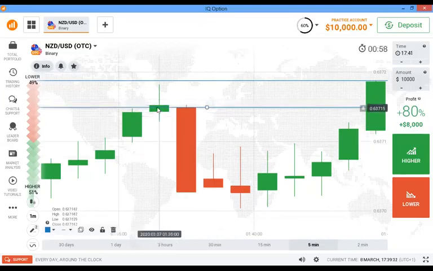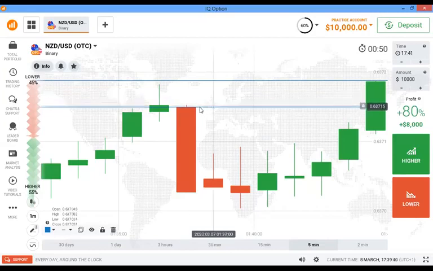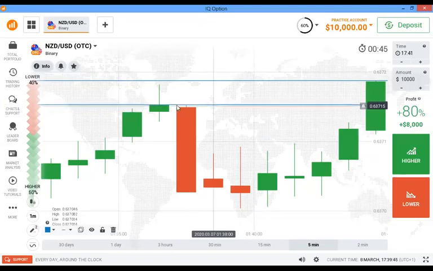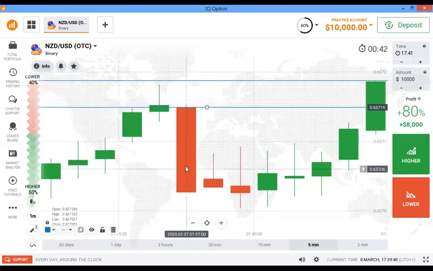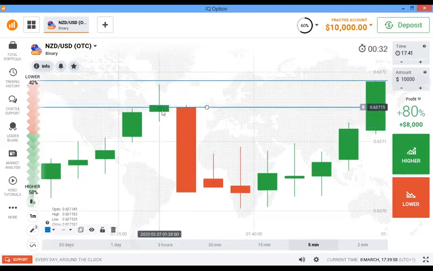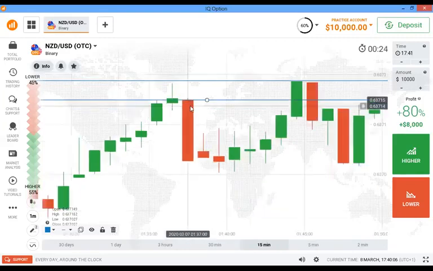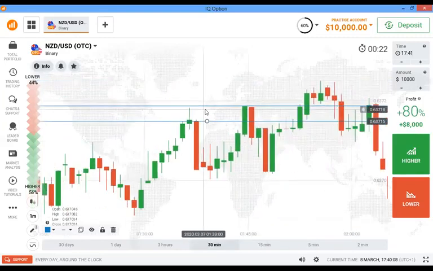Same thing, if this bullish candle maybe was a little lower and this bearish candle was a little higher, you place the line on the bullish candle that is lower. Then same thing here, the bearish candle is lower and the bullish candle is higher. You place the line at the body of the bearish candle. So it's touching both the body of the bearish and the body of the bullish. So this is a perfect level. That is how to draw a level.